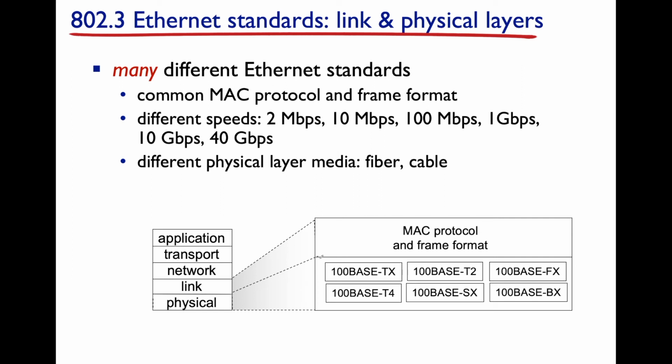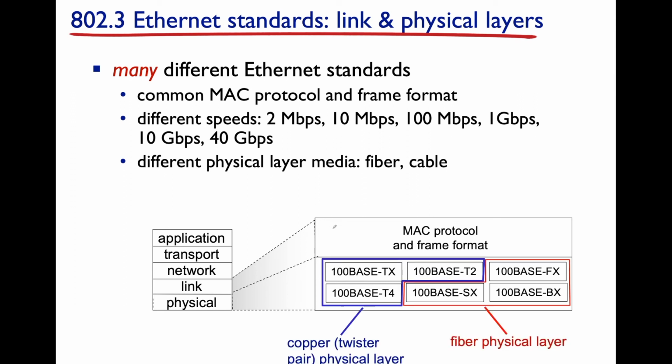And so there are different physical media layers. You can have wireless, you can have fiber, you can have cable even. And so these things are different based on the material as well as the speed. And so with copper twisted pair wire, you can get 100 megabit, you can get gigabit copper twisted pair these days, category 5 or Cat 5 cable, Cat 6 cable, and then you also have the fiber physical layers as well.